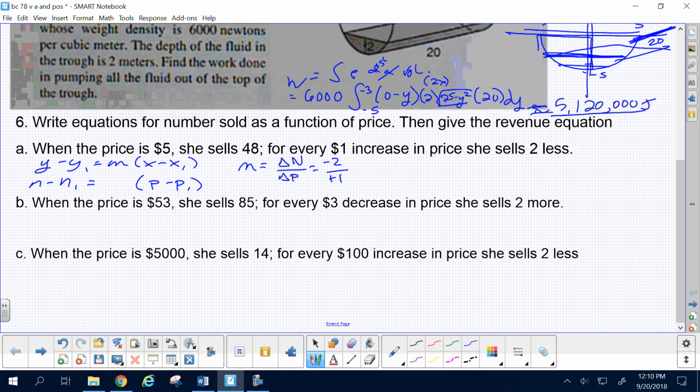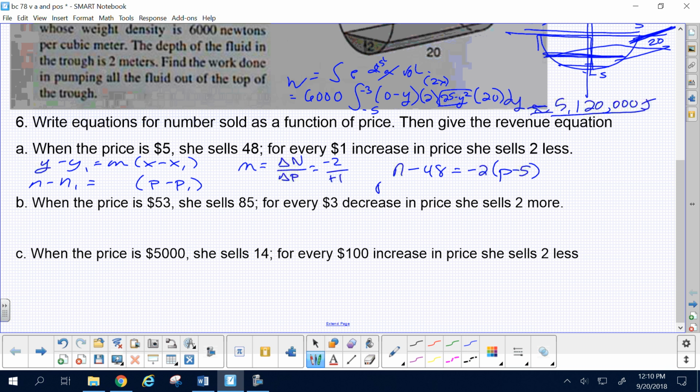Yep. So what's an equation then for number? Number minus 48 equals negative 2 times the quantity P minus 5. Now, that's the number sold as a function of price. Typically in an optimization problem, you try to maximize revenue.